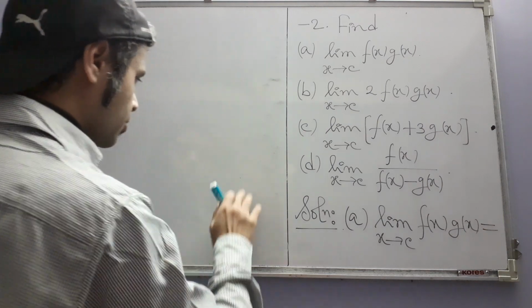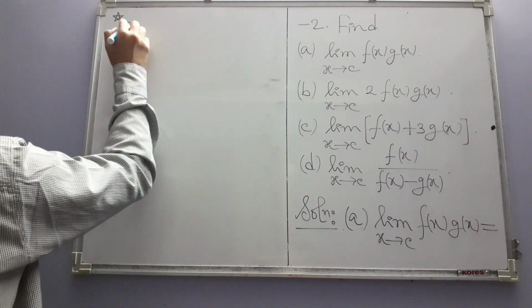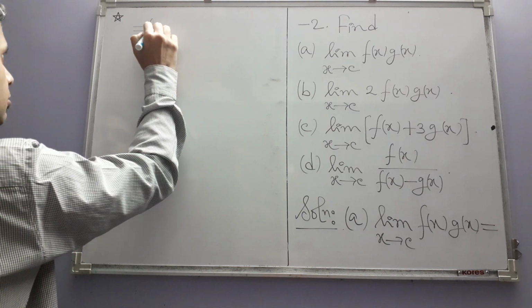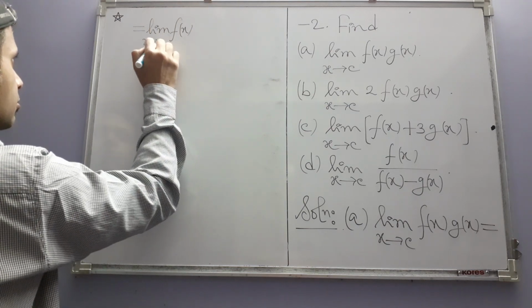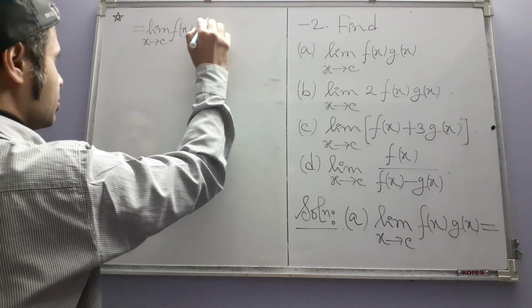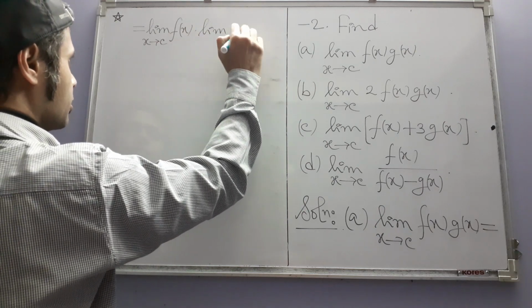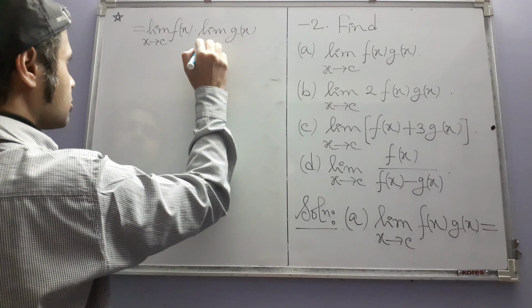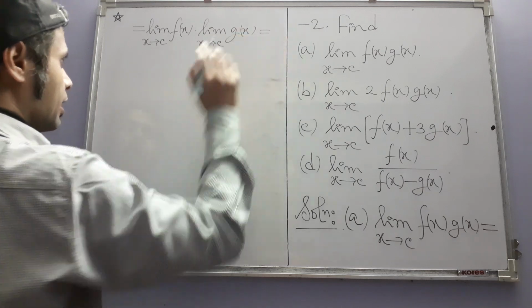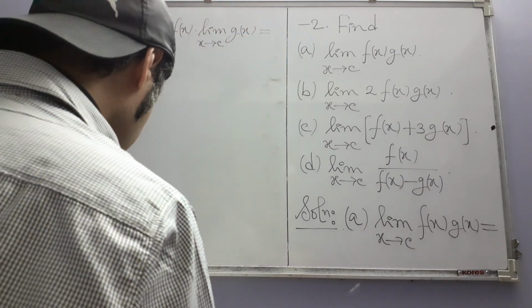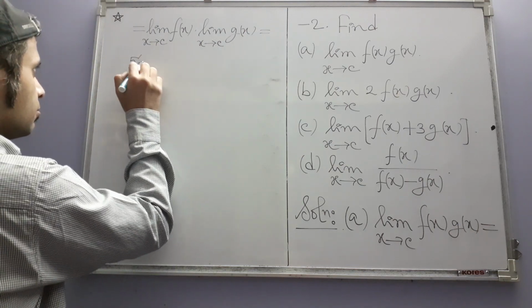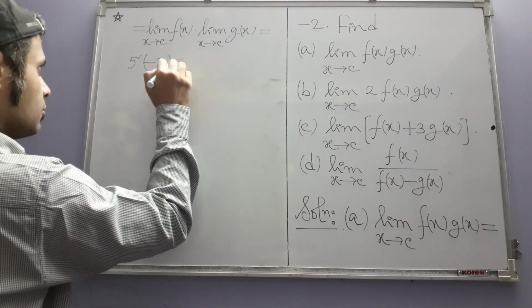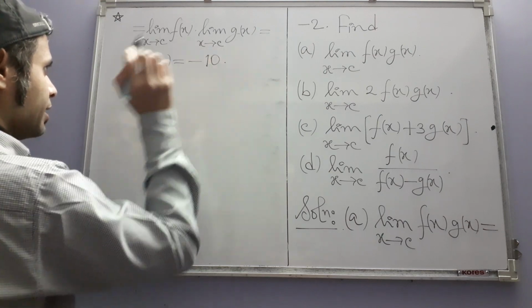So by the product rule, this is limit of f of x times the limit of g of x, and they are 5 and -2 respectively. So that means this is -10.